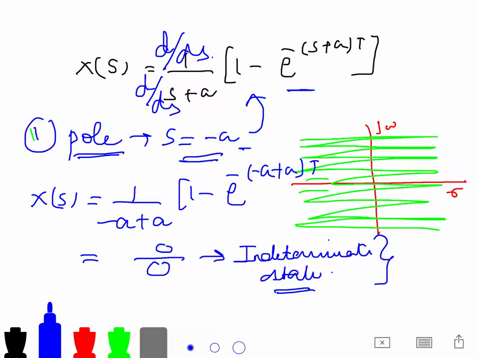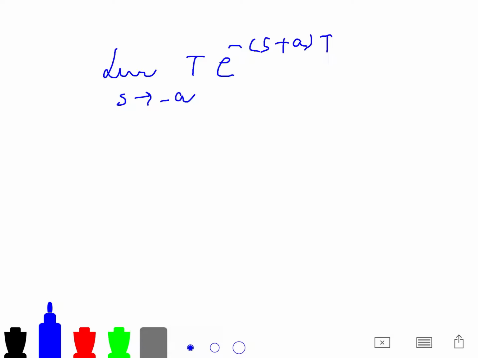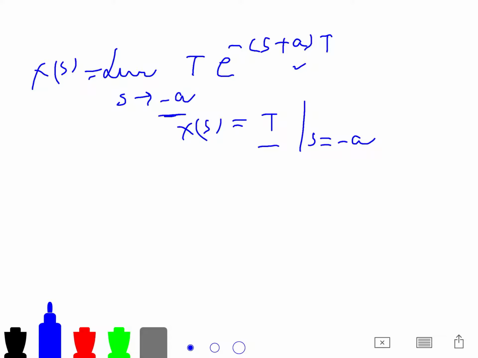Taking the limit, because you are checking at s equals minus a, after applying L'Hospital's rule it will be e to the power minus (s plus a) capital T. Put s equals minus a in this, then X(s) equals T at s equals minus a, and it is independent of s.